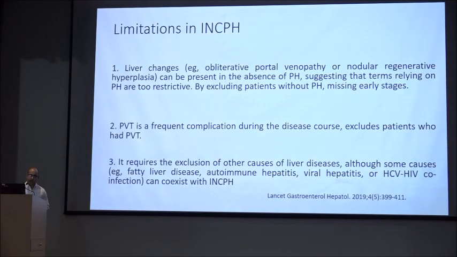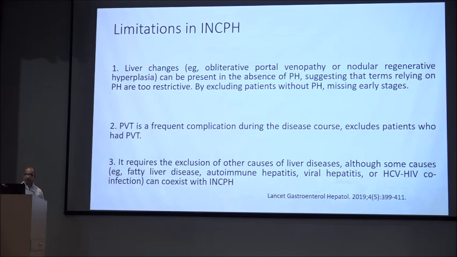So there are some limitations in the definition of NCPH: liver changes can be present without any portal hypertension, and it suggests that the inclusion of portal hypertension in the definition is too restrictive, and it may negate the possibility of preclinical NCPH.